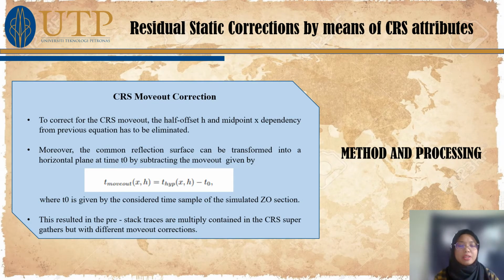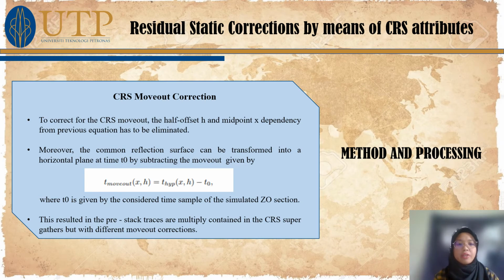So now, let's proceed to the third method, which is the CRS move-out correction. To correct for the CRS move-out, the half offset H and midpoint X dependency from the previous equation has to be eliminated.